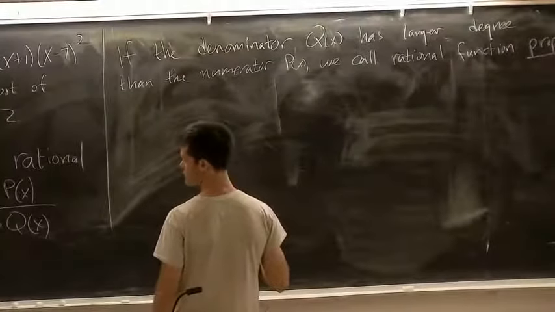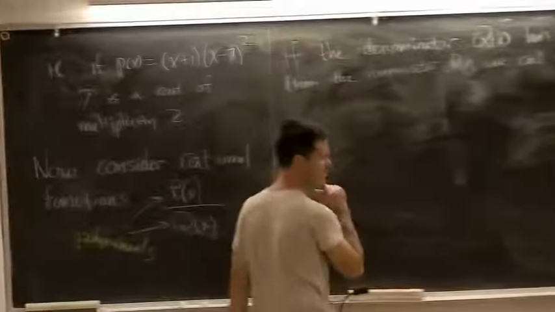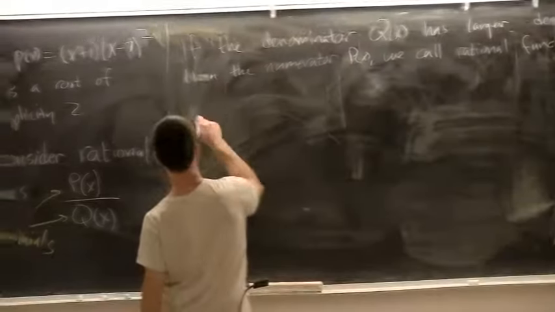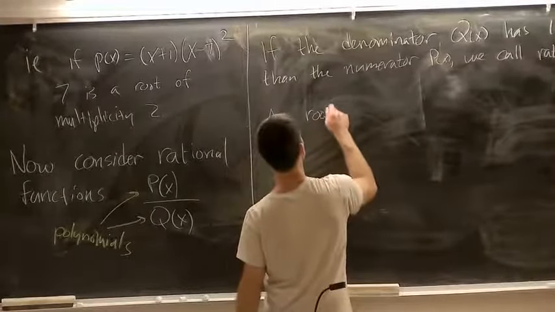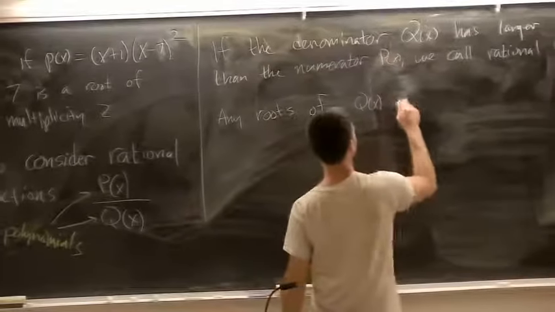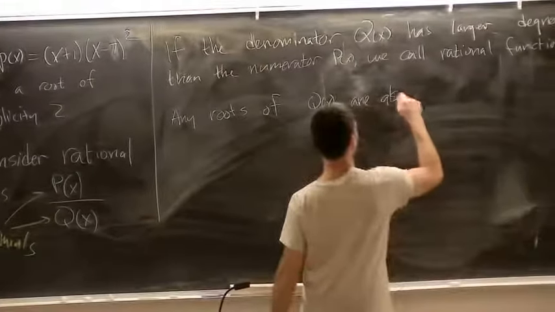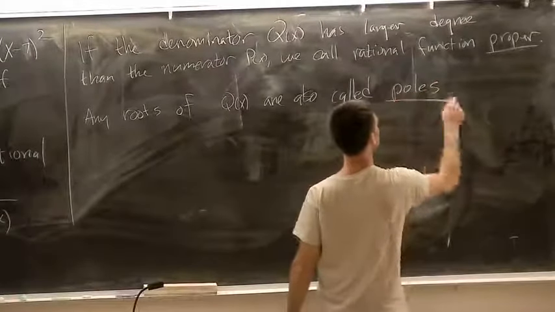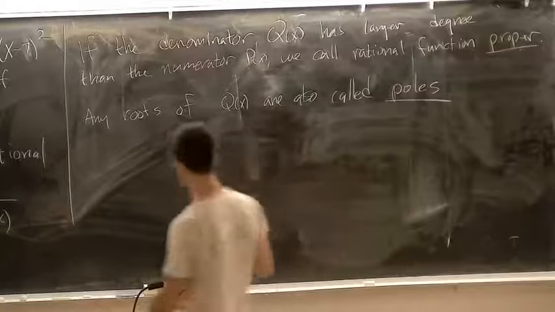But I also should define poles. So any roots of the denominator q of x are also called poles, which kind of makes sense.